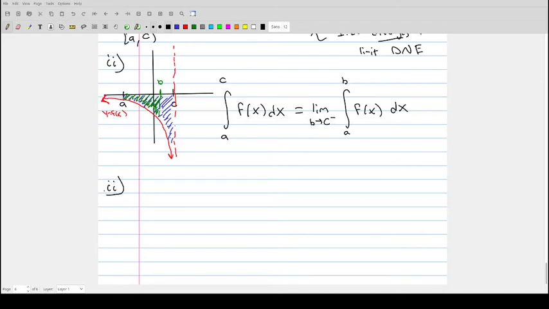And just like before, we have a third subtype, which corresponds to the most general type of improper integral of type 2 that we could consider.